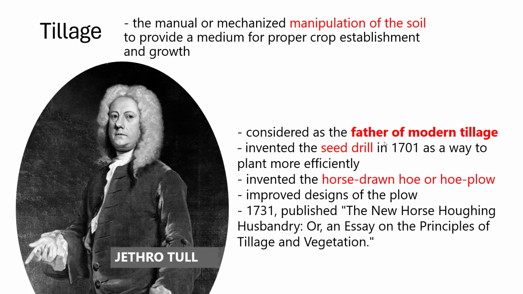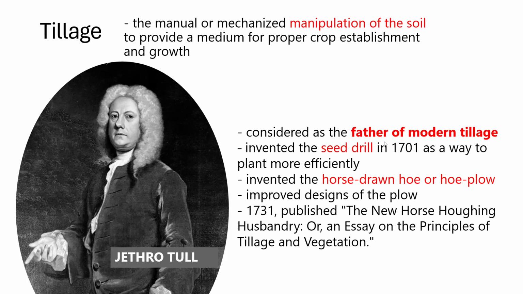Then he published his book in 1731 titled The New Horse Hoeing Husbandry, or an Essay on the Principles of Tillage and Vegetation. That is Jethro Tull, the father of modern tillage.